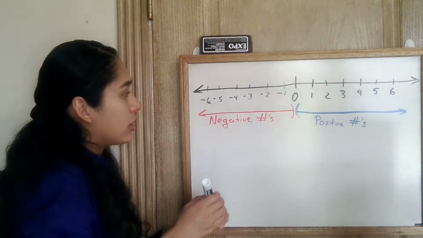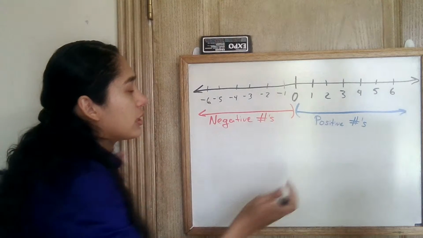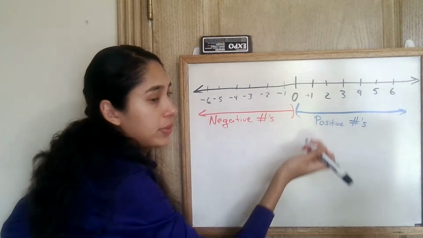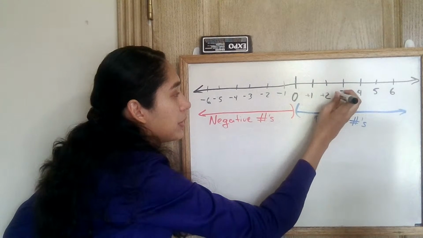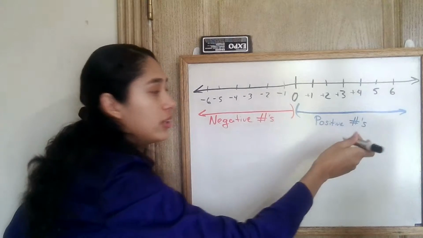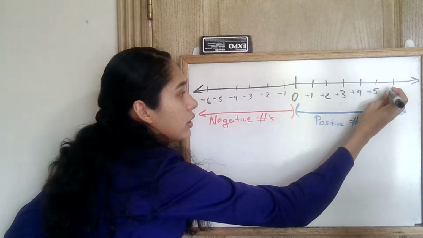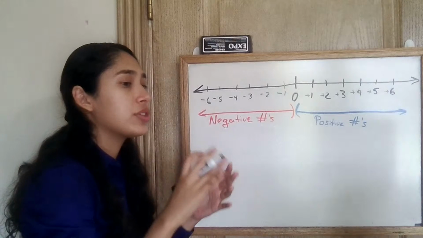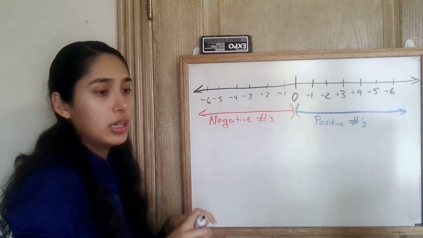So something else I like to point out about positive numbers is that they have an invisible positive. It looks just like a plus sign, which truly, when you're adding, you're putting a positive value onto it. Or if you're subtracting, you might just be putting together a negative number.